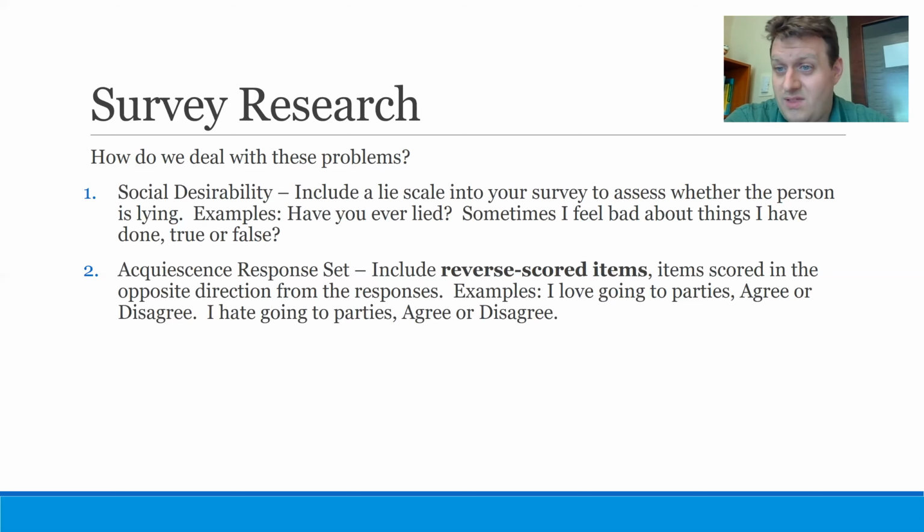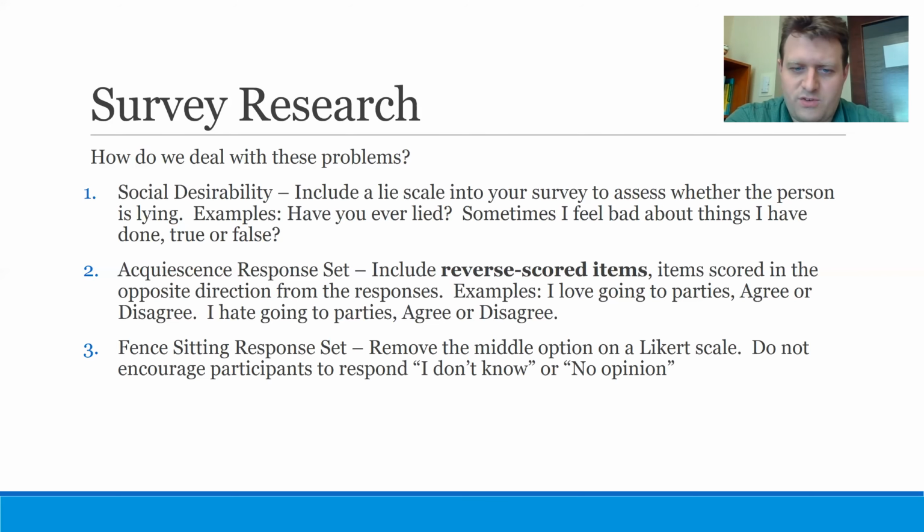Okay, so that's how we get rid of acquiescence response. How about a fence-sitting response? Sometimes answer choices like no opinion or I don't know are problematic because they lead people to not give you an answer. I don't feel comfortable with this, so I'm going to give you absolutely nothing. So maybe we might remove these answer choices.